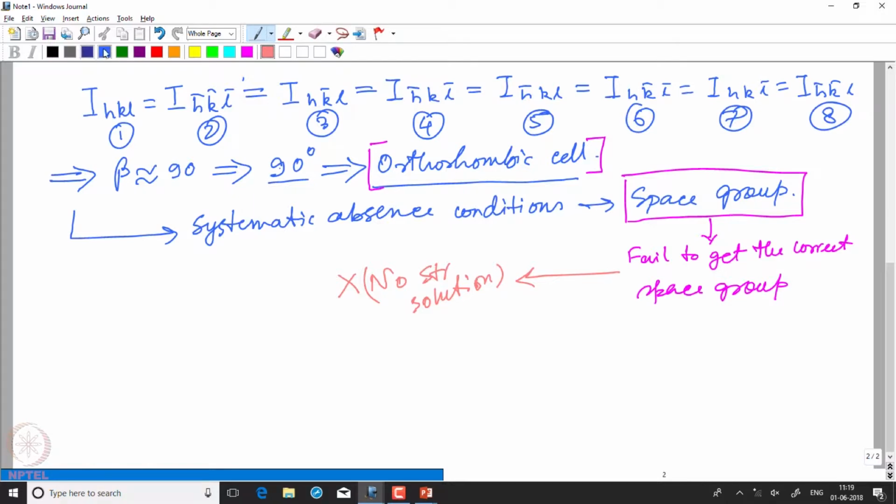So now the other point that we would like to highlight here is the situation when A is very close to B and is not equal to C with alpha equal to beta equal to gamma equal to 90 degree. In the same way, we need to see whether it is tetragonal or not.